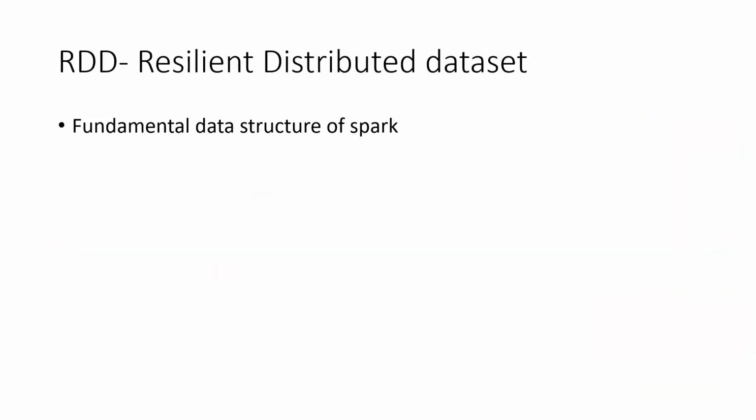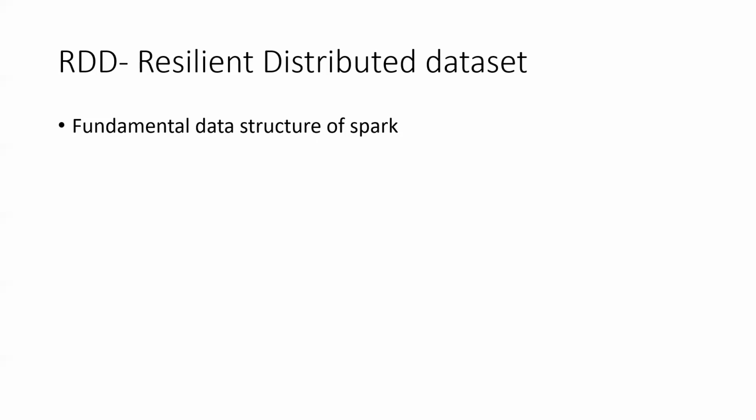As for the data engineering perspective, this is the basic data structure for Spark, called RDD, Resilient Distributed Dataset. This is the fundamental data structure of Spark. We are now in Spark, where the current launch version is 3.x.